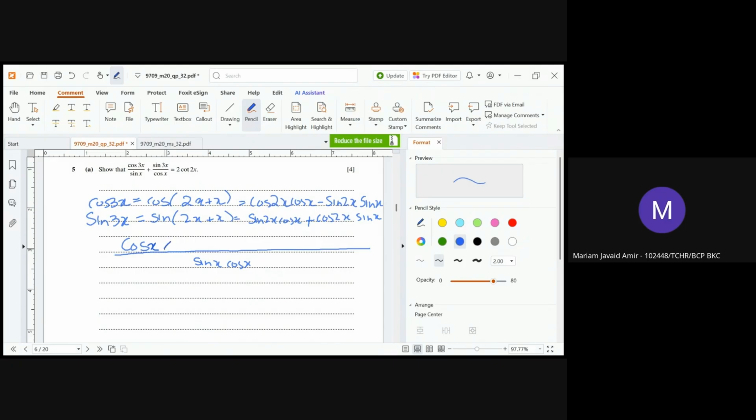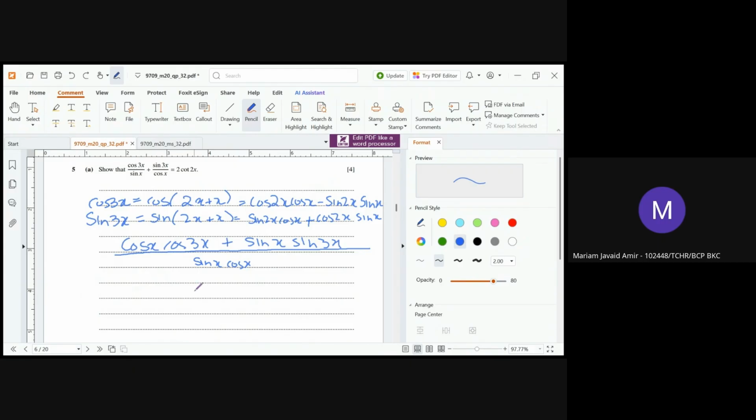So cos x cos 3x plus sin x sin 3x. Now we replace cos 3x with this and sin 3x with this. So cos x cos 2x cos x. In fact, let me open the bracket simultaneously, otherwise it'll take too long.